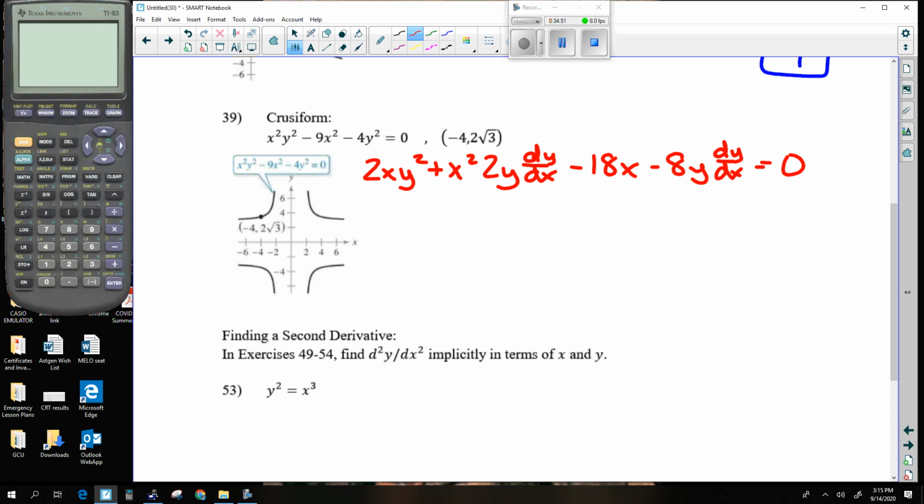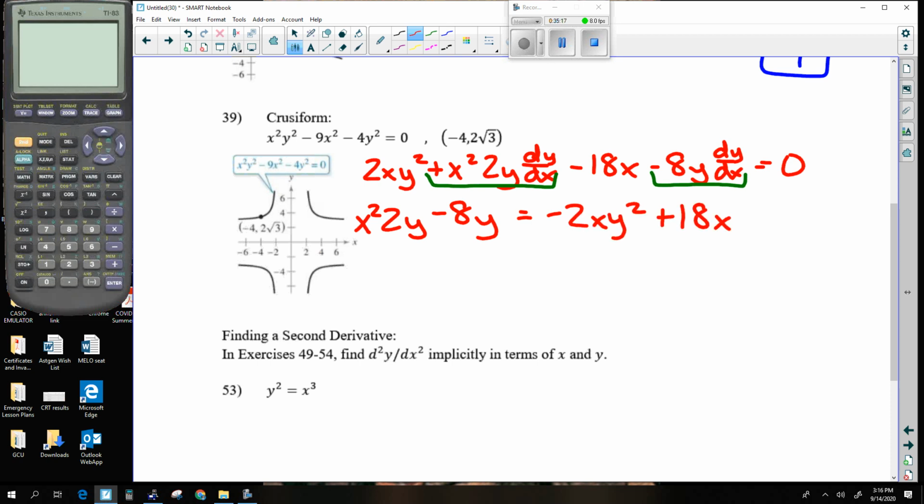So we have 2y minus 8y. Oops, mistake. x squared 2y minus 8y is equal to negative 2xy squared plus 18x.